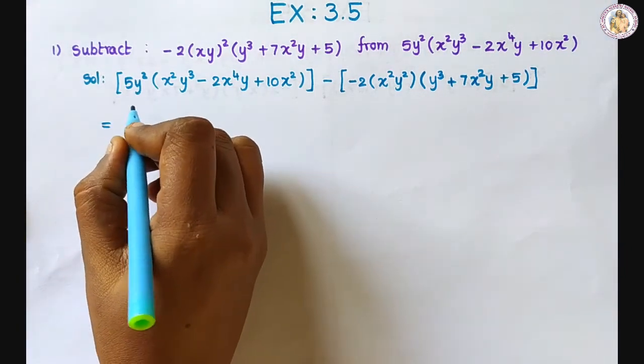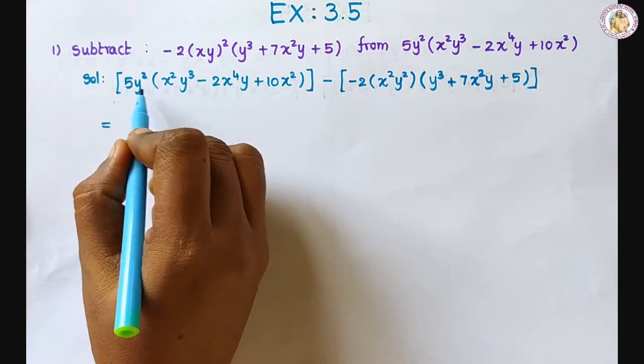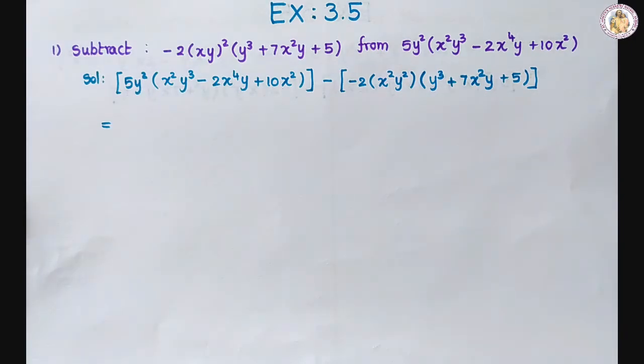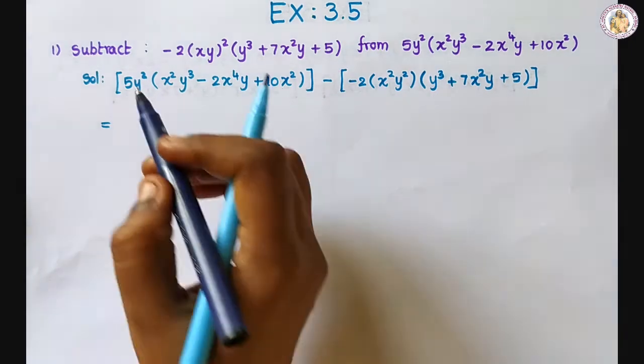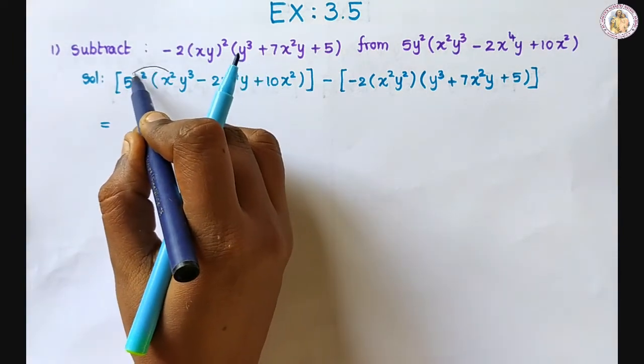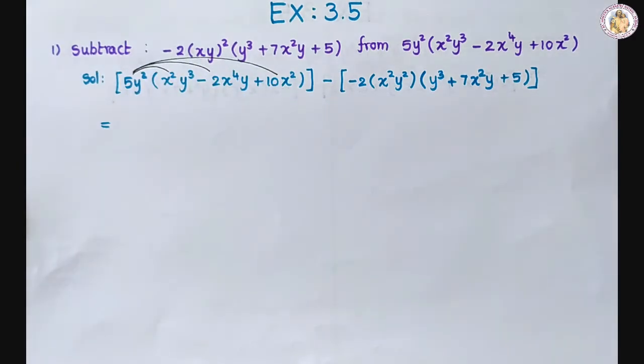Next step, multiply this term 5y squared into this 3 terms, right?